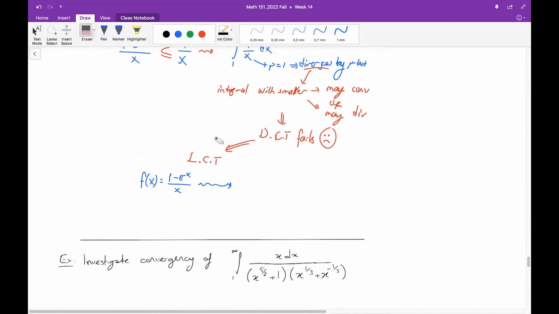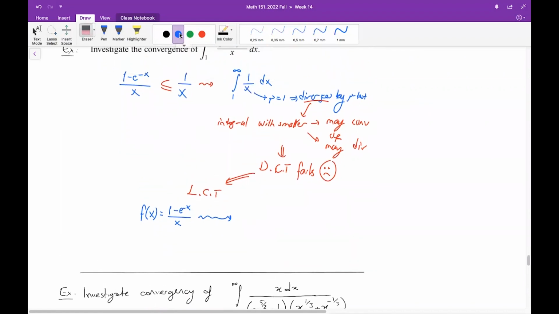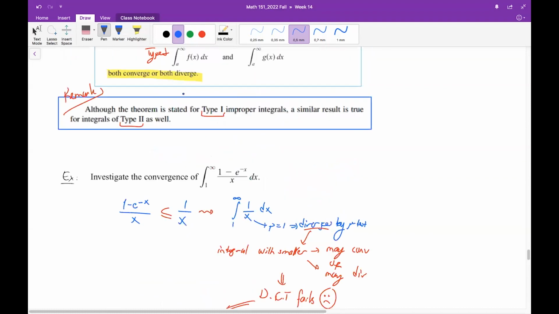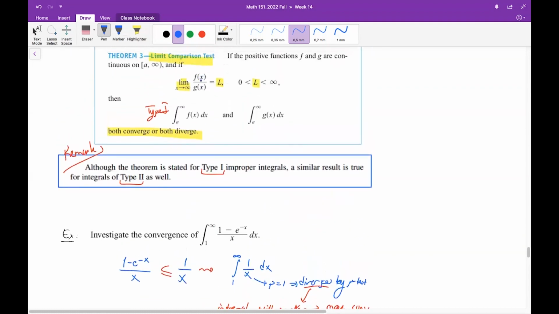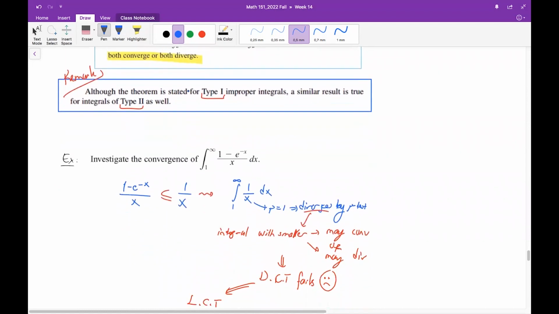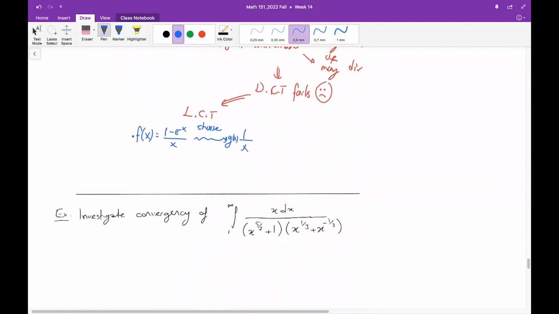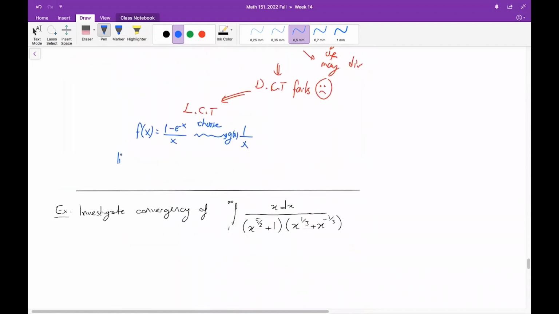So we can choose 1 over x as our g of x here. Okay, so let's apply the limit comparison test. I will take the ratio like that and look at the limit as x goes to infinity of f of x over g of x.